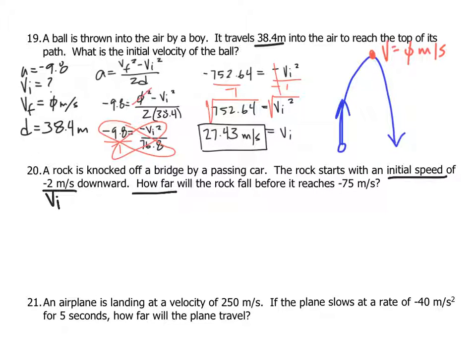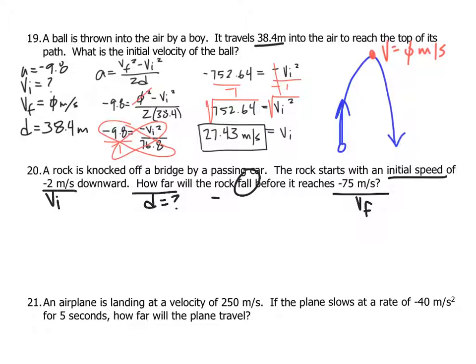It wants to know how far, so I'm trying to solve for distance. And it says how far will it fall if it reaches negative 75, so it's telling me that this is the final velocity. The initial velocity was given to us.